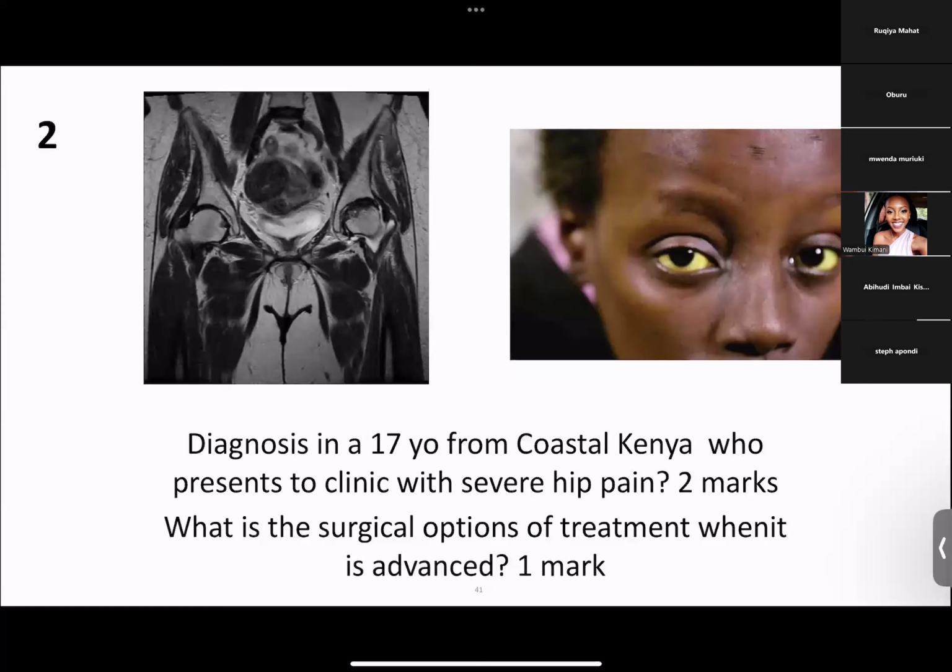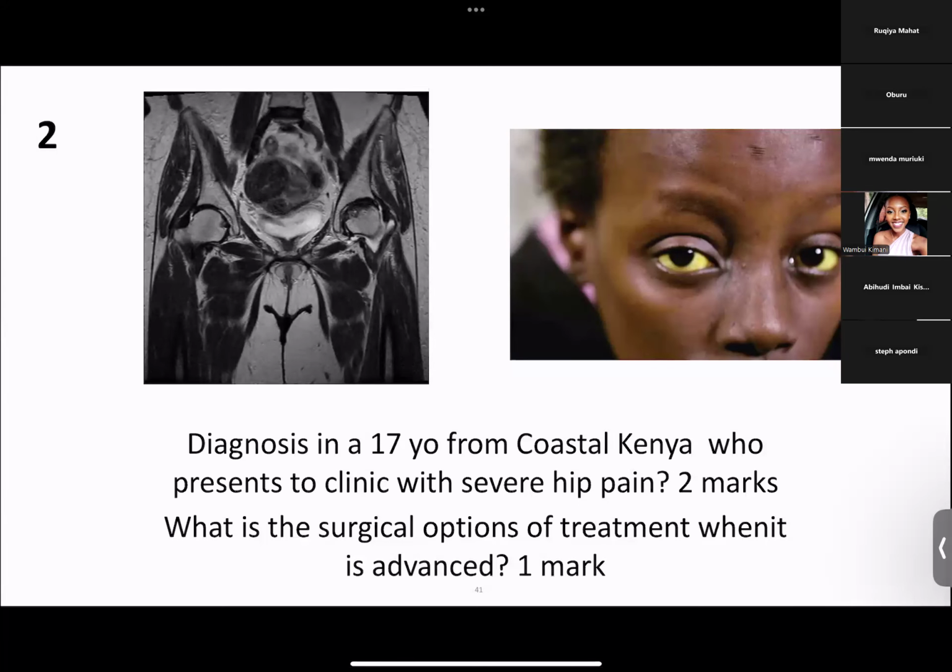Why have I said coastal Kenya? Why could I not say Meru or Kirinyaga or Turkana? Yeah. So coastal Kenya, you have to ask yourself what conditions are specifically in coastal Kenya. And I have given you a very clear X-ray there. You can see the left hip, there's something definitely wrong with the left. The patient has severe pain.